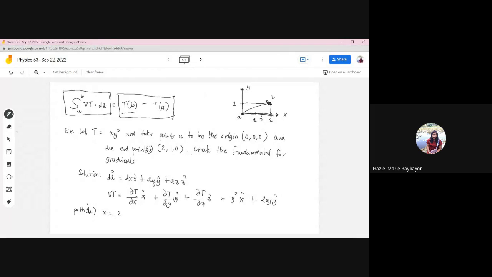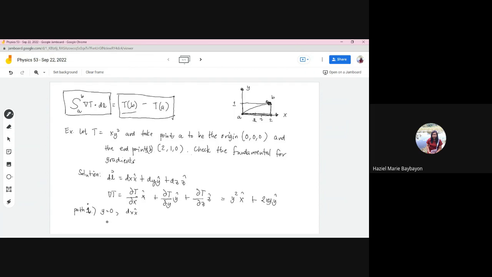Okay? So for path 1, kini siya nga path, from the origin towards this point, ang constant, so bisag mag-move ka from here to here, ang constant ana kay ang y. So wala ga change ang value sa y. Y is equal to 0. Okay? And then it is along the x, so you have dx x hat.